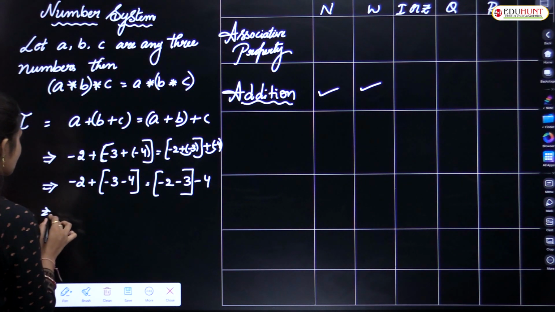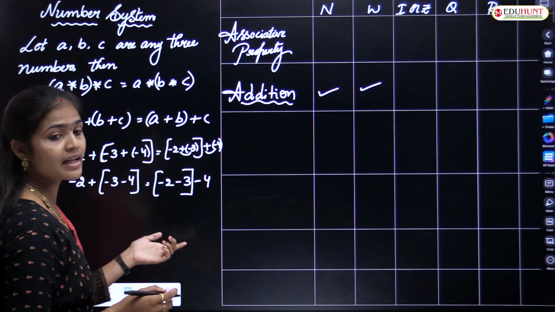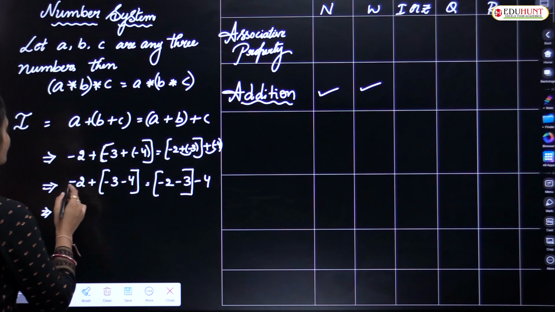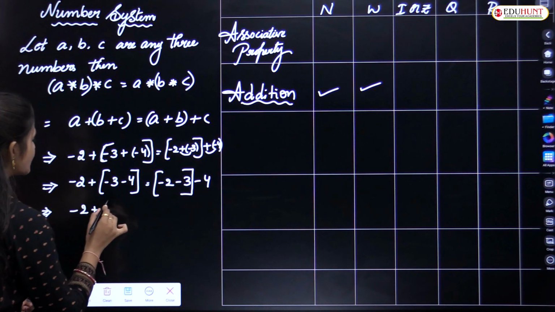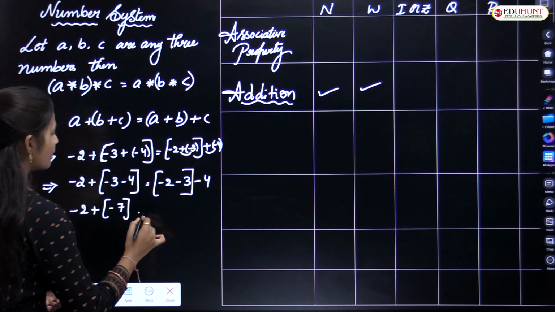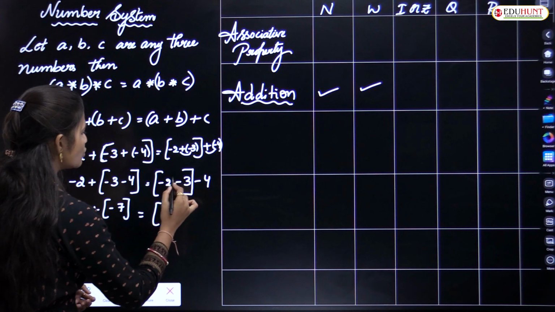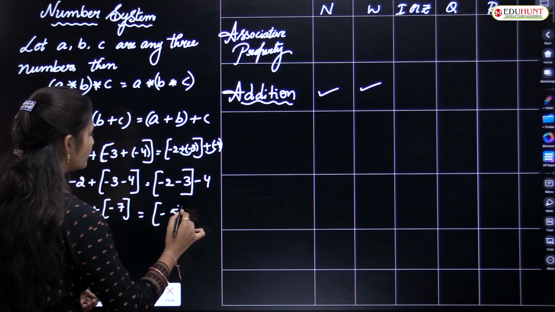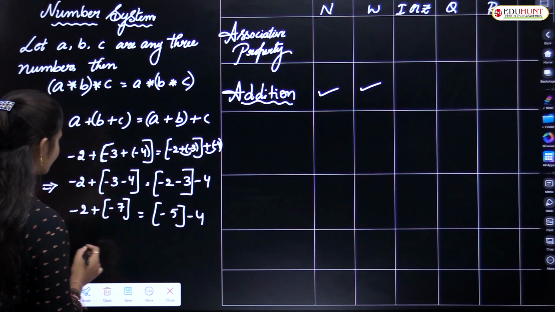So here we just have to check whether you get the same result in the LHS and RHS or not. So minus 2 plus minus 3 minus 4, that is minus 7, which is equal to minus 2 minus 3, that is minus 5, and here minus 4.